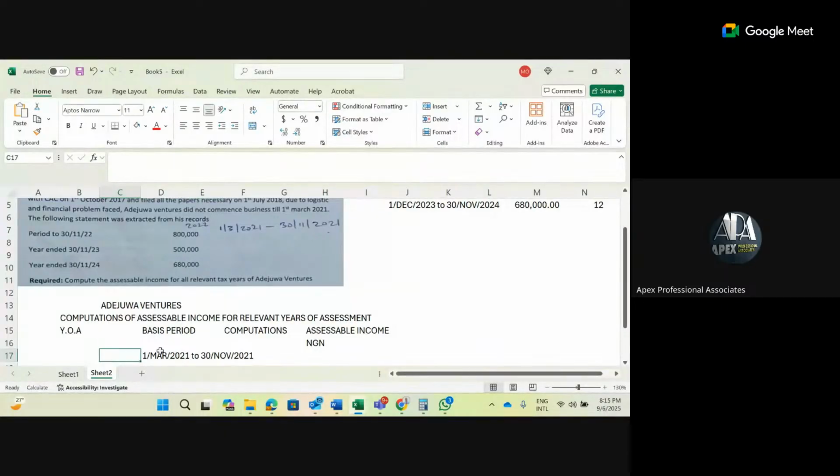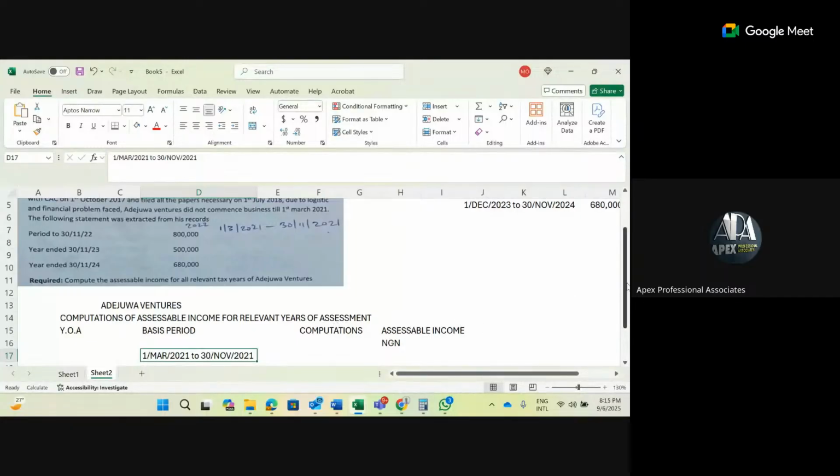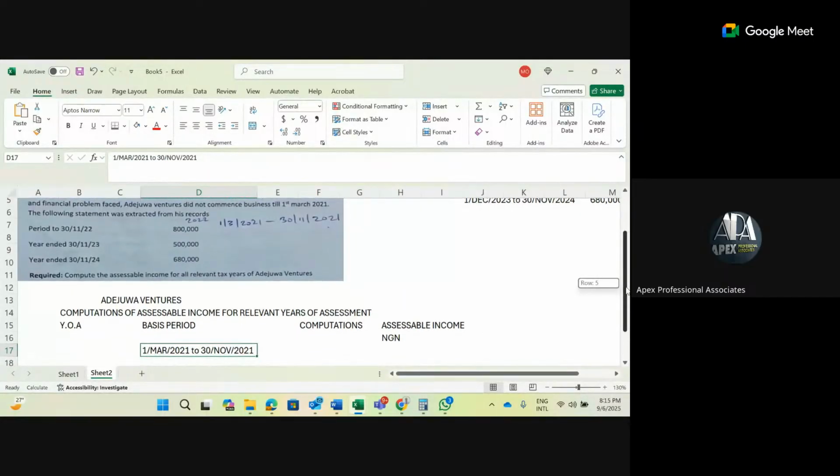That is for the first year of assessment. Once you have gotten the basis period, what is now going to be the year of assessment? Making use of preceding year basis, that one is going to be 2022 year of assessment because you are making use of what? Preceding year basis.